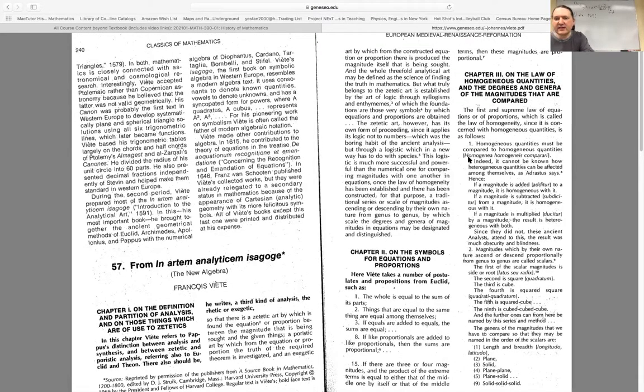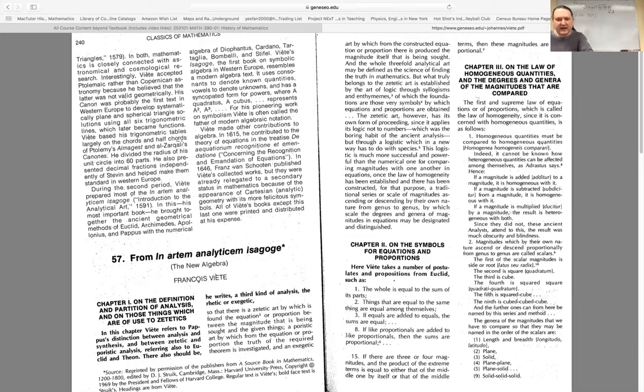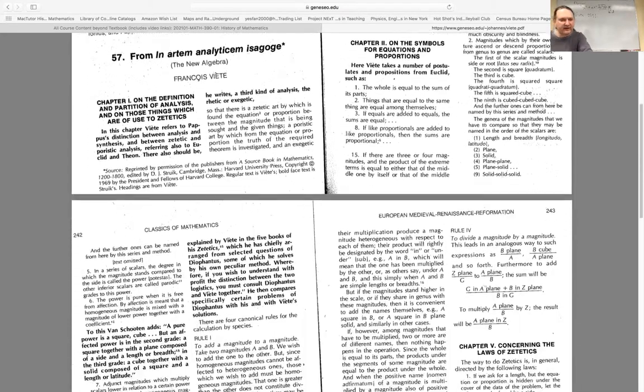Then he has here this insistence that we just talked about with respect to Khayyam. This is homogeneous quantities must be compared to homogeneous quantities. He is insistent that we deal with cubes separately from everything else, linear terms separately from everything else, and not combine them. He then has some nice rules of algebra.